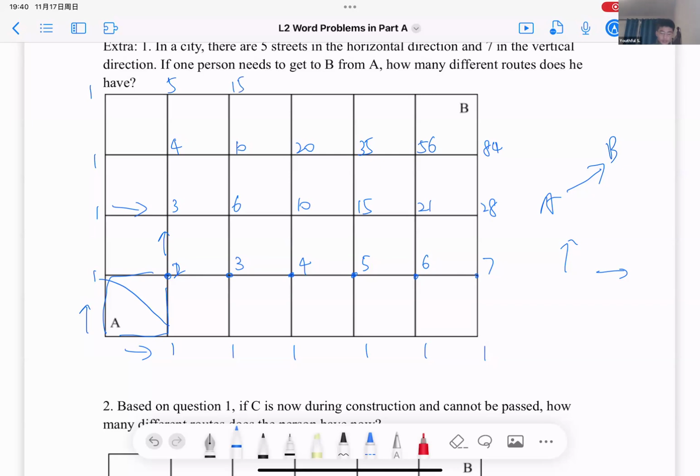This one, 5, 15, 35, 70, 126. And if we add those two up, it's 210. So 210 different routes to go from A to B. Okay, so this is basically how you do this kind of question using the number labeling skill.